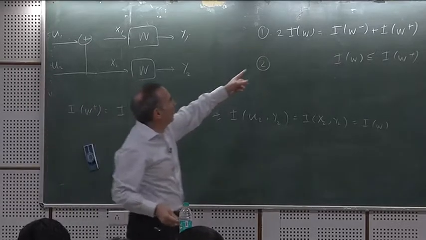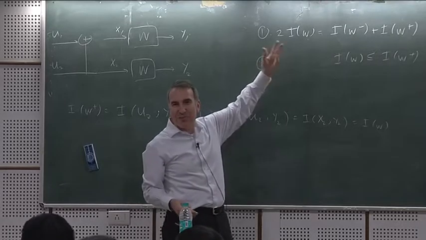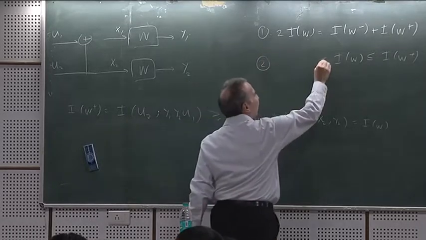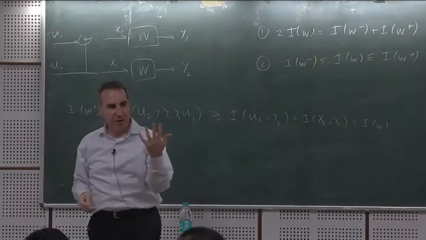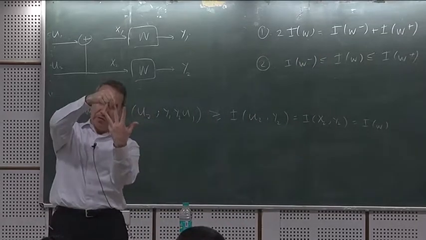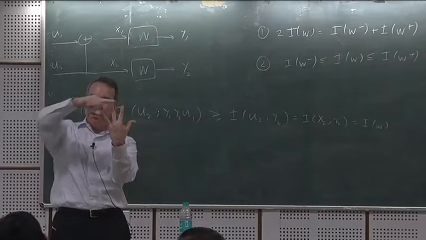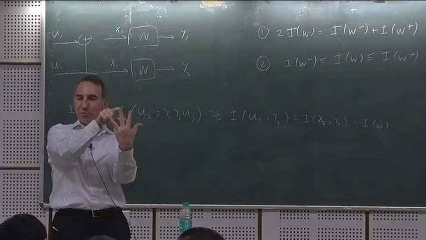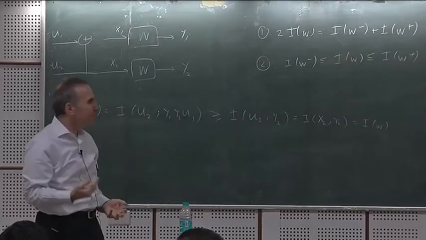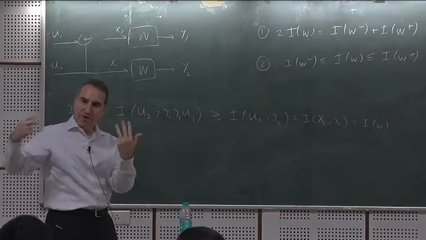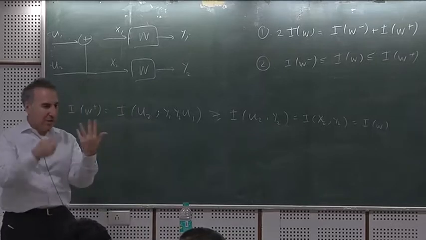If it were, you would never get this, because their sum is conserved, so this one must be less. So the IW minus, IW, and IW plus must be in arithmetic progression, because this middle one is the average of these two, and one of them is smaller, one of them is bigger. These three objects are equally spaced.